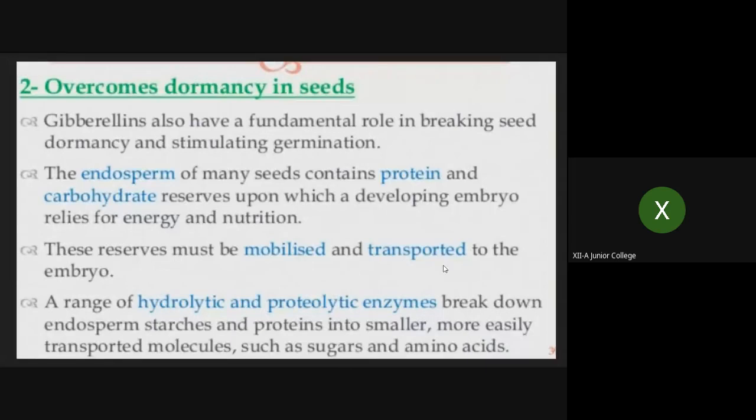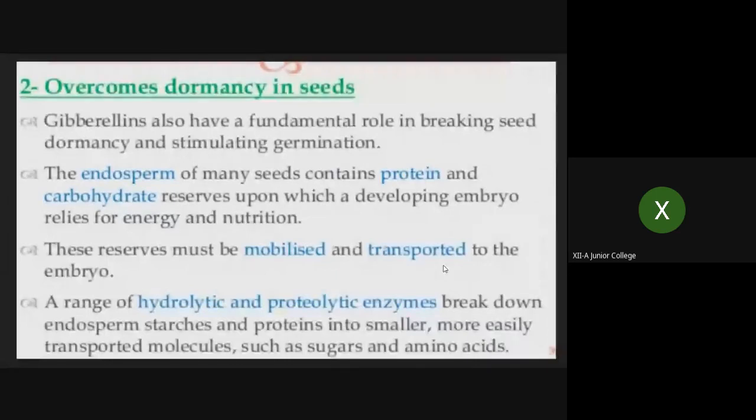But if the plant is economically very important, and if the dormant period is months or years, then how will it be useful? So especially in the case of economically important plants, that dormant period can be reduced by the application of gibberellins.